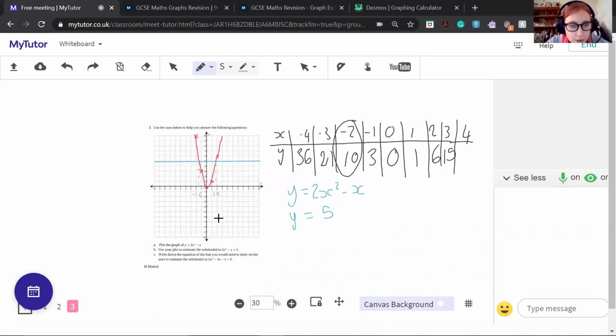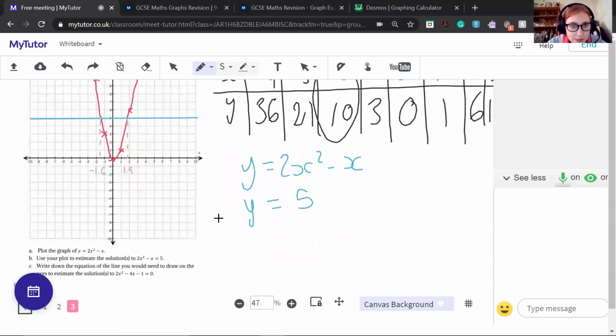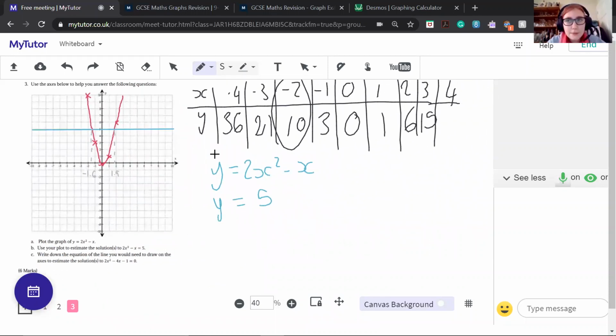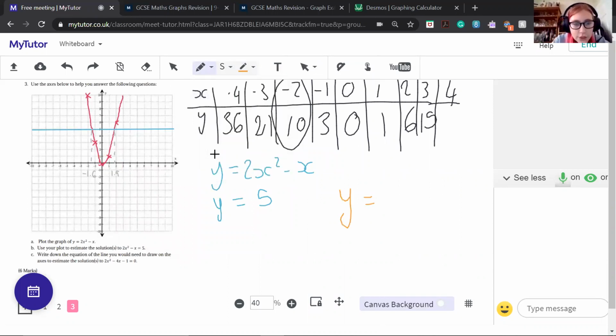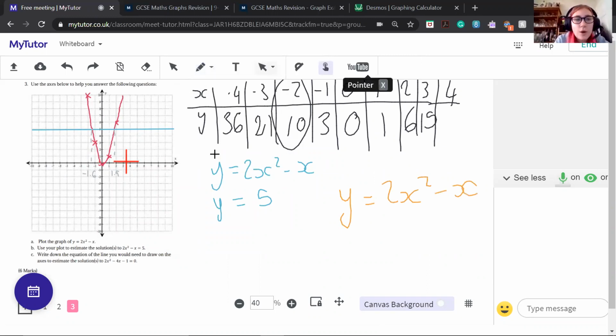Cool. So I was just thinking the other way that you could do this to plot it exactly, rather than just estimating points, is we could think about where it's going to cross the x-axis. So we've got this line y equals 2x squared minus x. It crosses the x-axis where y is 0, right? Where it hasn't gone up at all.